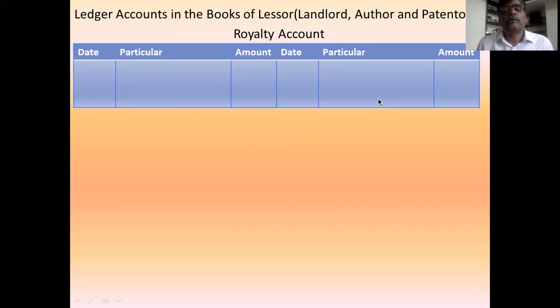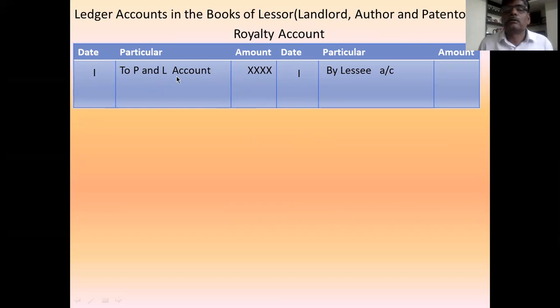Here it is exactly the opposite of the lessee account. Reverse. You write the year and date on both sides, debit side and credit side. To P&L, by royalty. Sorry, by lessee account. You write the name of the lessee. The lessee may be a tenant, or a publisher, or a manufacturer.